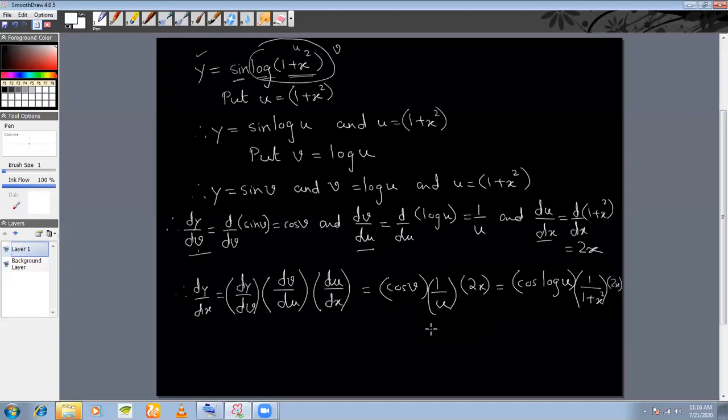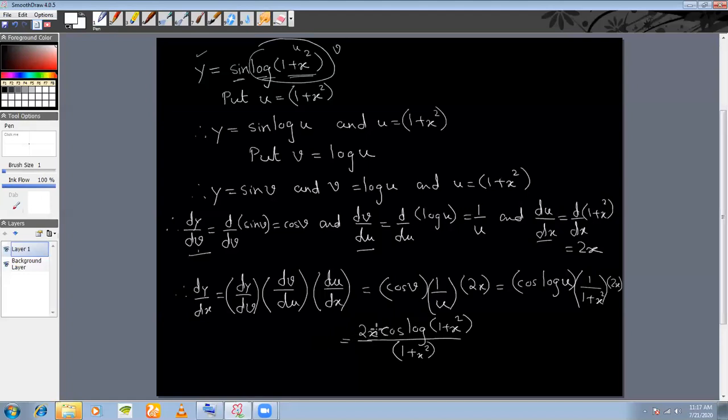Okay, so now u has to be put back, so cos of log u, u is what, 1 plus x square. You change everything in terms of x, 2x is here, divided by 1 plus x square. So this is your answer. So your answer is, let me just write it a little fair. So dy/dx is equal to 2x cos.